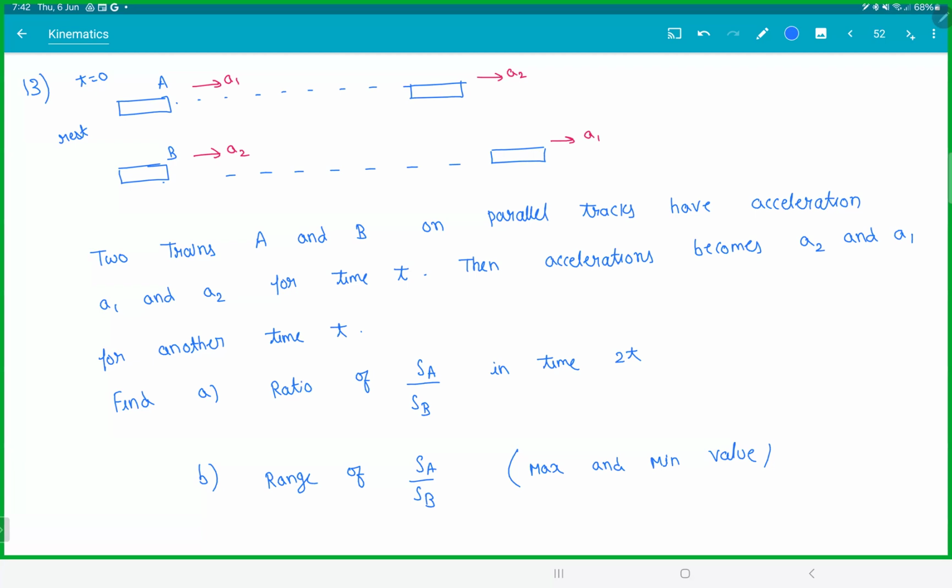Right, Vihan, that is right. Right, Ishana. What about the range?